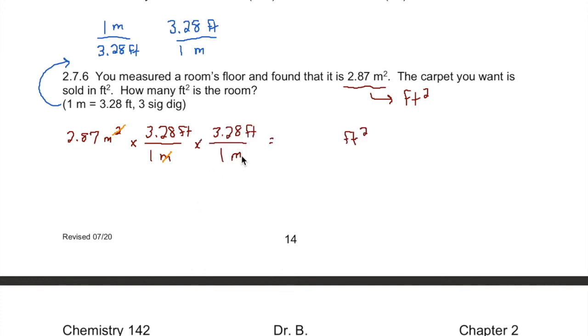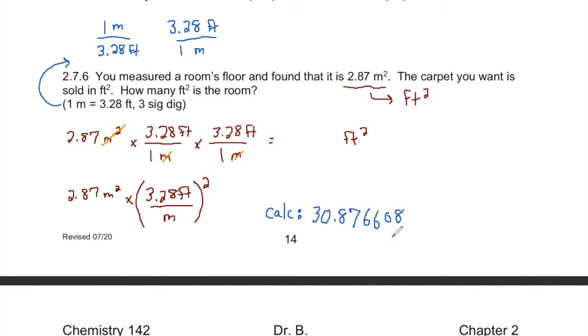Now when we do this a second time, we can cancel the meters again, and we will end up with square feet in our answer. Another way to do this is to use the conversion factor, but then square it. So we are multiplying it by 3.28 squared, or multiplying it by 3.28 twice.